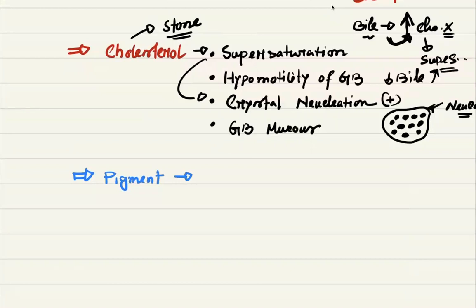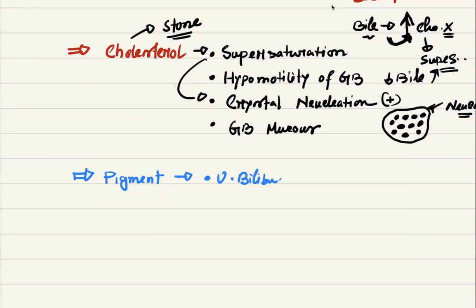Yes, mainly if there is unconjugated hyperbilirubinemia. If there is overproduction or elevated levels of this unconjugated bilirubin, this can cause formation of pigment stones.